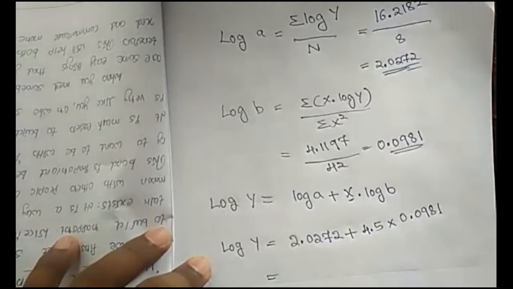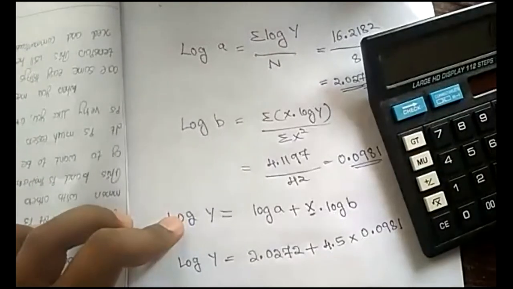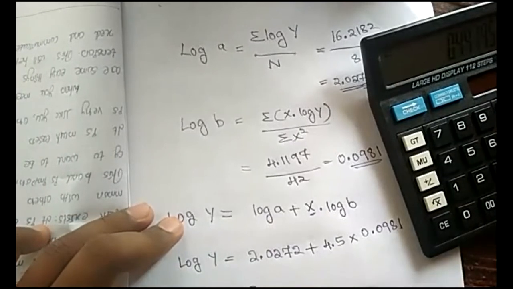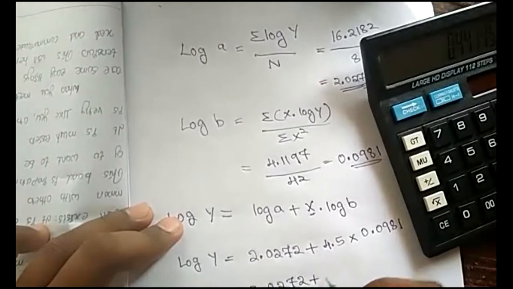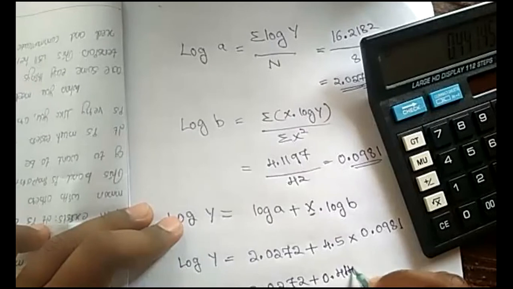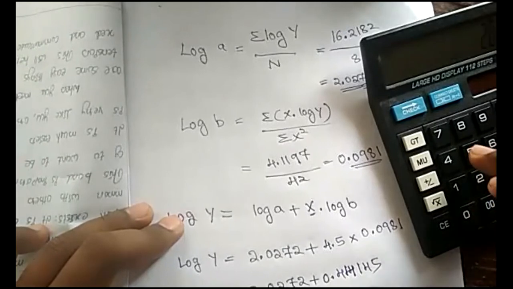Now simplify it. 4.5 into 0.0981 is 0.414145, plus 2.0272.